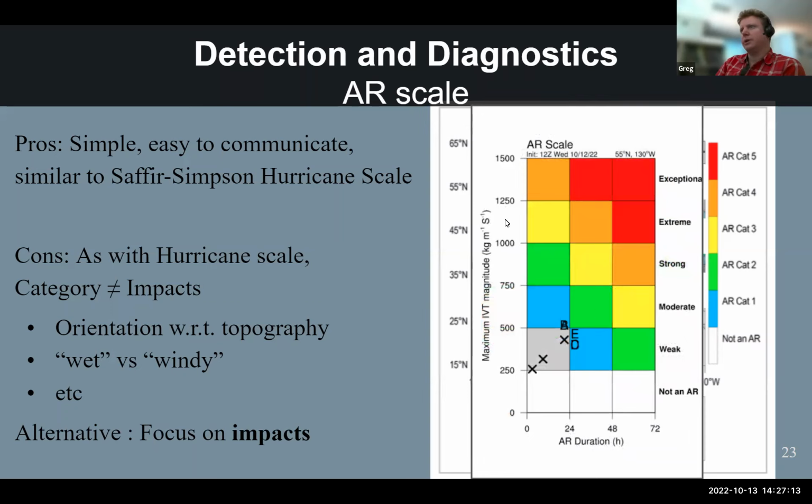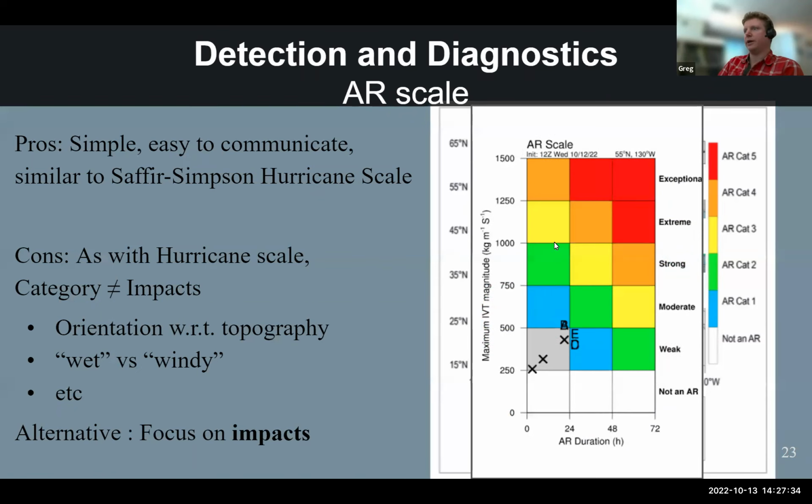It takes into account IVT, but also the duration of the event. This is basically the maximum IVT that you get at any point during the event, and then the total duration of time that you're above this 250 unit value.